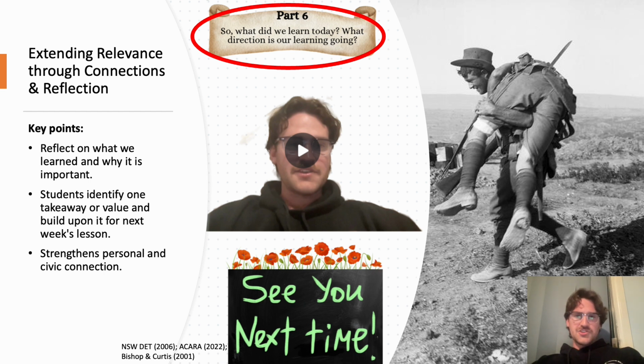This task encouraged students to think back historically on what they've learnt today. Did it challenge anything they had previously thought? Did they learn something new? Hopefully they did. And it shapes how we understand where we're going into the next lessons.